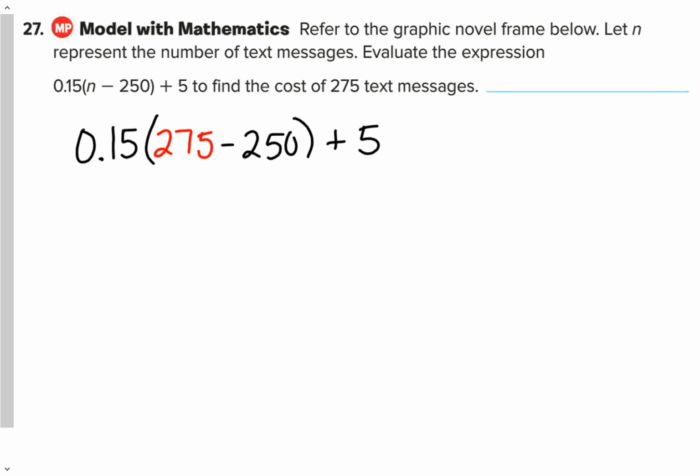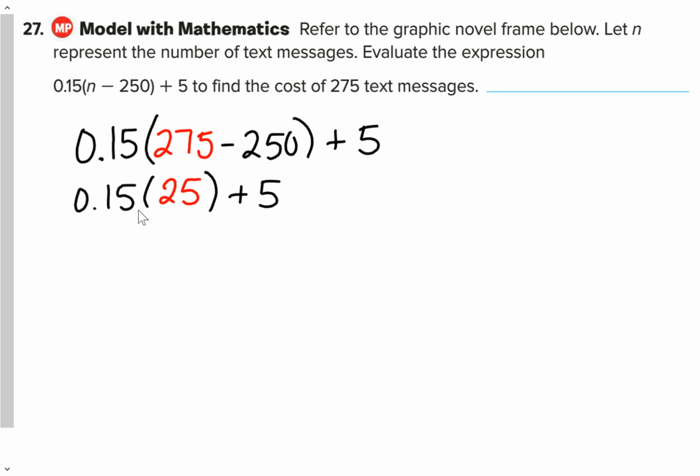Now there's a bunch of operations here. There's multiplication times a quantity, there's subtraction, there's addition, but there are parentheses first, so we're going to evaluate that one first. So 275 minus 250, that equals 25. And then our next step is we're going to do our multiplication next.